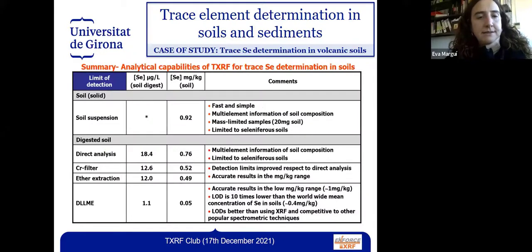Here in the table is a summary of the limits of detection obtained using these different sample treatment approaches. And the point is that you have to select the best procedure according to your application and of course to the concentration level that you are interested in.